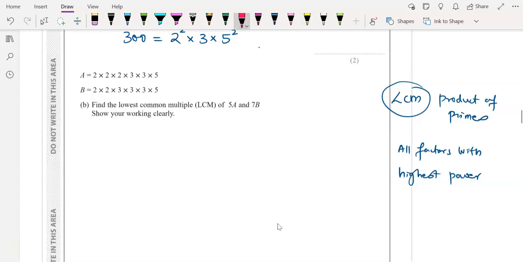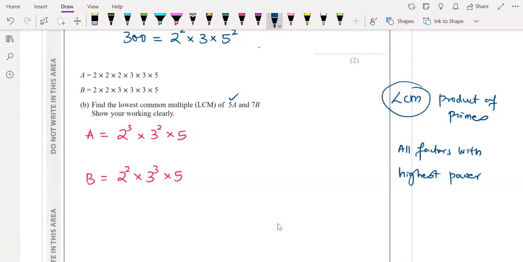Now I'll write A in exponential form. A is 2 power 3, 3 power 2, and a 5. Whereas B is 2 squared, 3 cubed, times 5. But in the question, they're asking you to find the LCM of 5A and 7B.